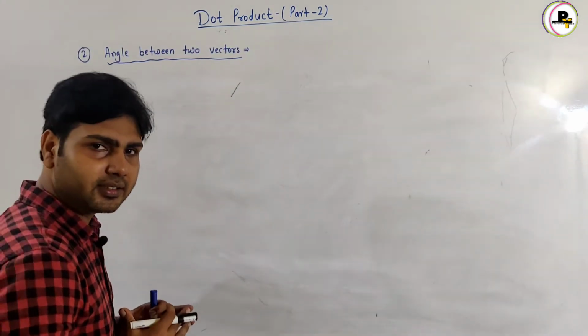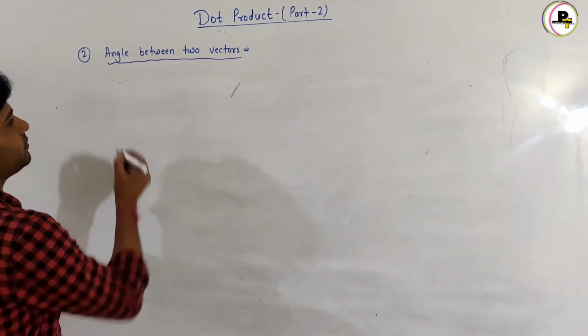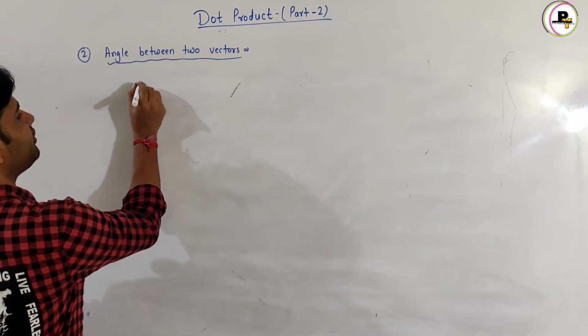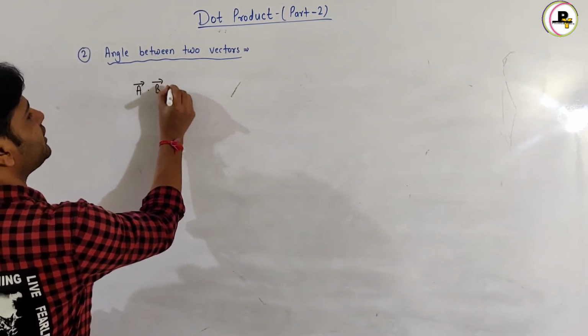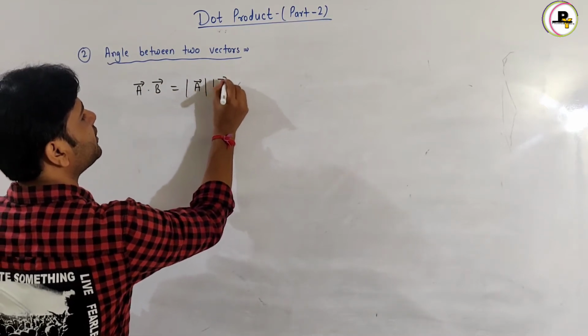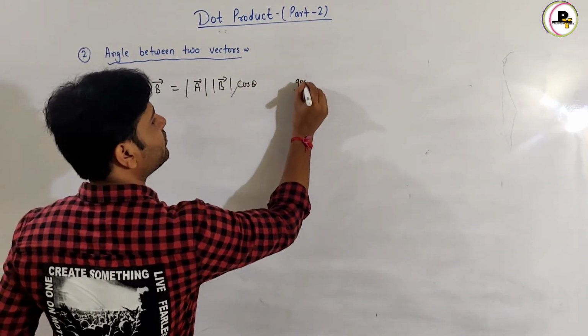So friends, let's discuss the second point, angle between two vectors. If I use the geometrical definition of dot product, then I can write here a vector dot b vector equals to mod of a vector into mod of b vector cos of theta, and this is the geometric definition of dot product.